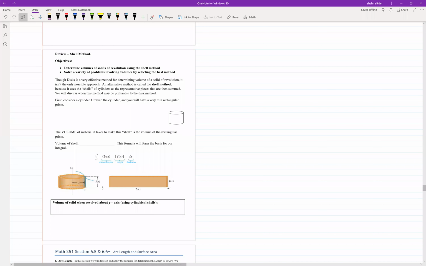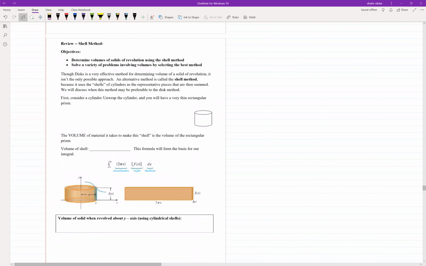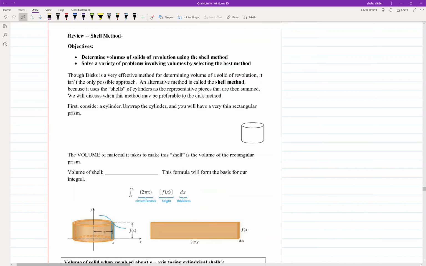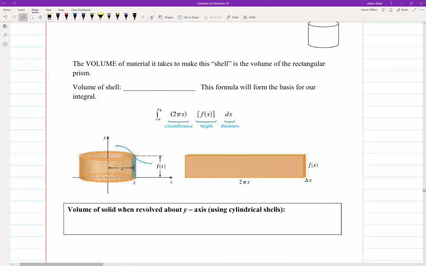So towards the very end, after the section on work, you'd see review of shell method. Here's basically that idea. How the shell method works is this is my circumference 2 pi r, so it becomes 2 pi x because you are unfolding it, that becomes a cylindrical shell like in 3D.